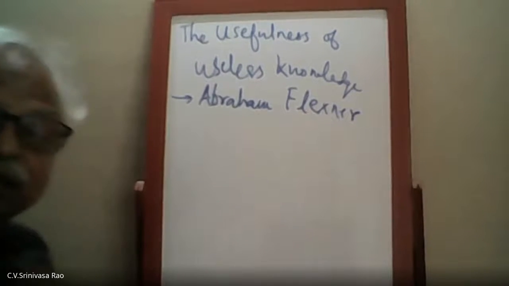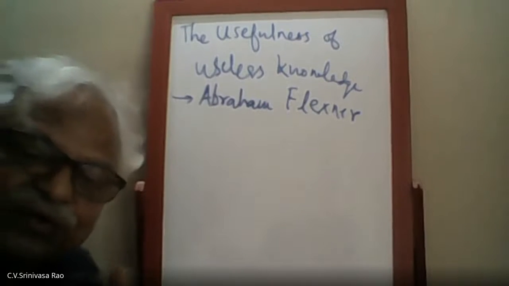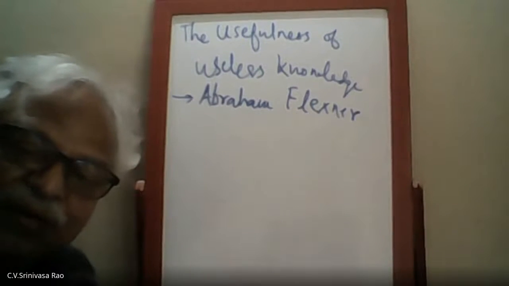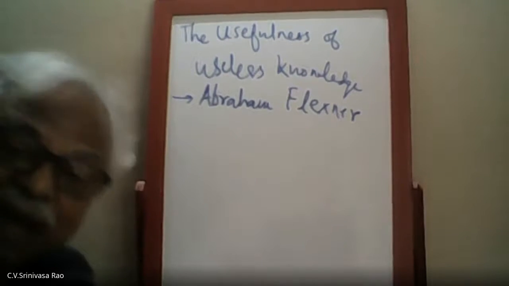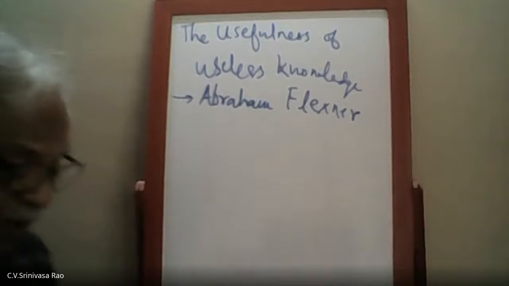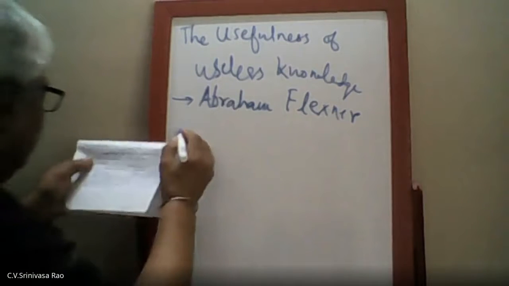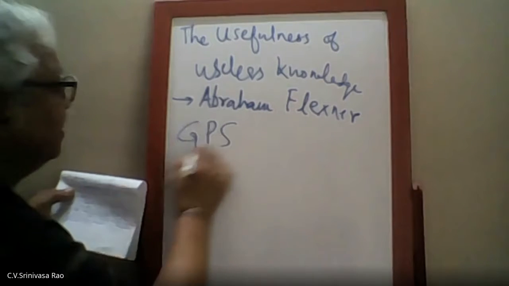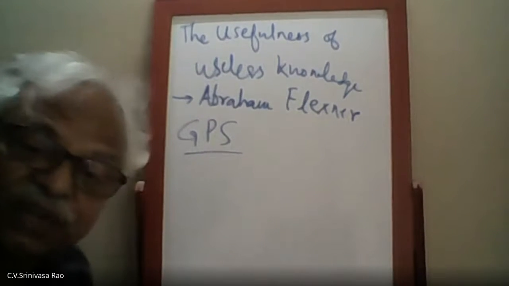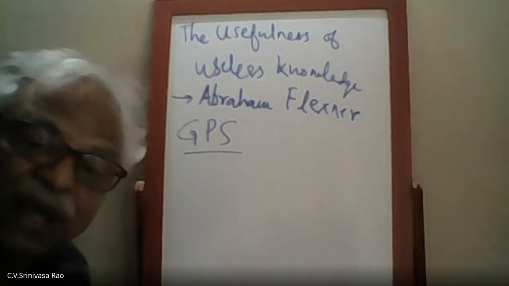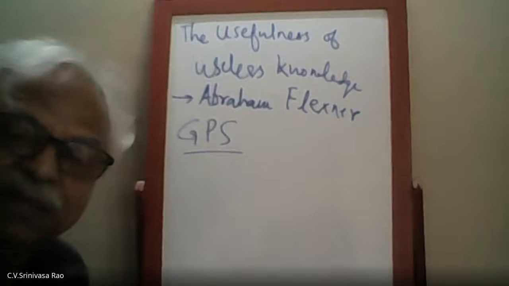In this book, he describes a lot of fundamental research which changed the whole society, in ways people never even imagined. For example, GPS, the global positioning system, comes basically from the general theory of relativity. When Einstein worked on general theory of relativity, I don't think he was ever bothered about GPS.